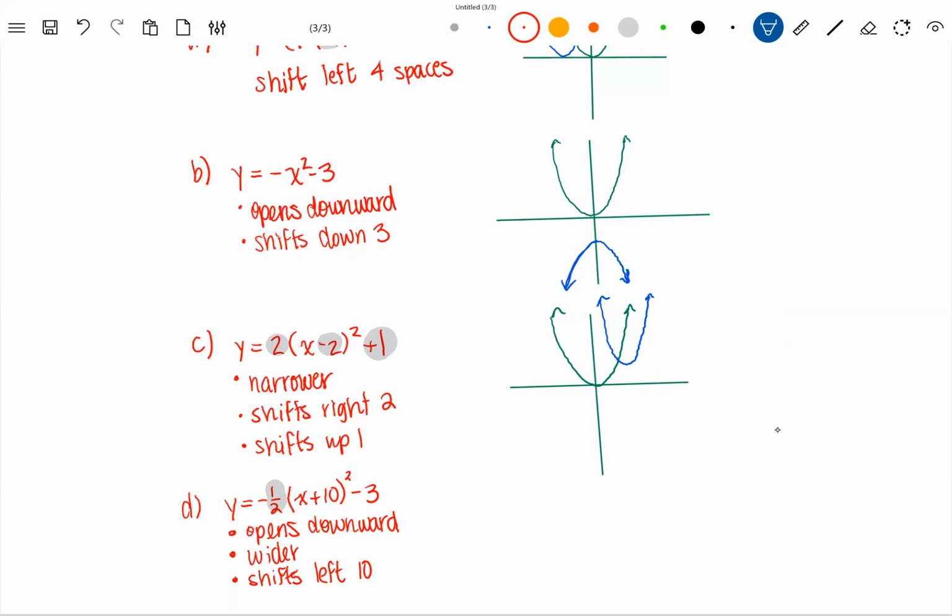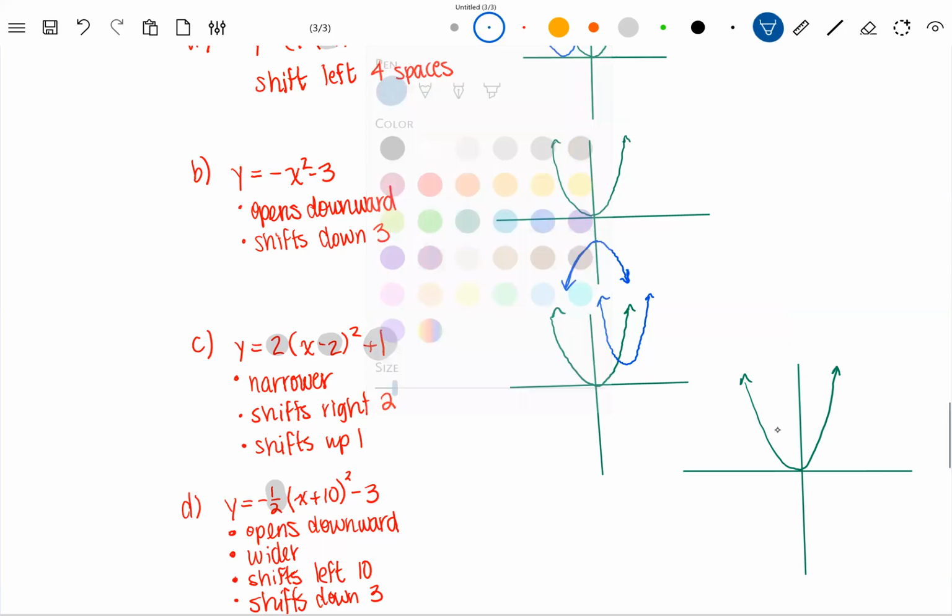And then this -3 means that it shifts down 3. So let me see if I can graph this one over here. Here's my parent function again. This new one is wider, opens downward, shifts left 10 and down 3, so it might look like this.